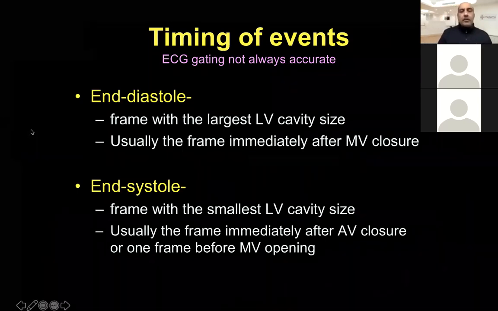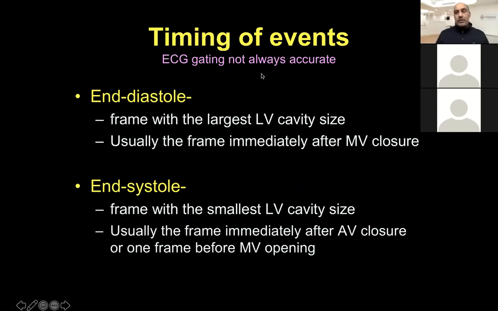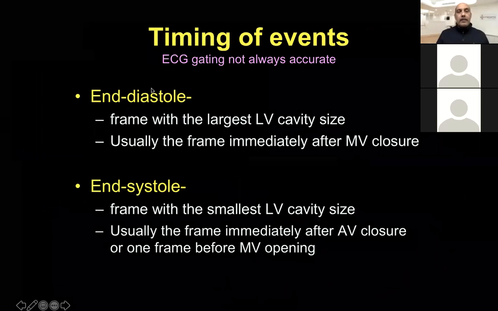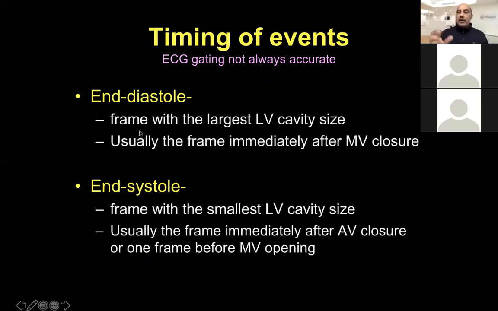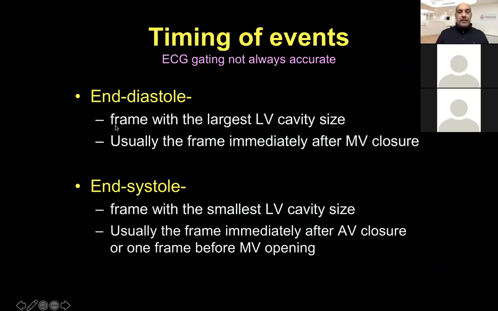But we have to look at a few things. ECG is not always accurate because which part of the QRS you're focusing on is a problem. So we look at end diastole and end systole according to the frames. The frame with the largest ventricular cavity size is the end diastole, and I would say that it is just before the mitral valve closes.